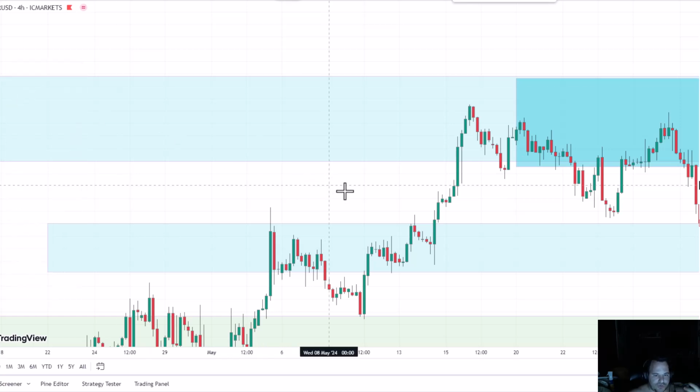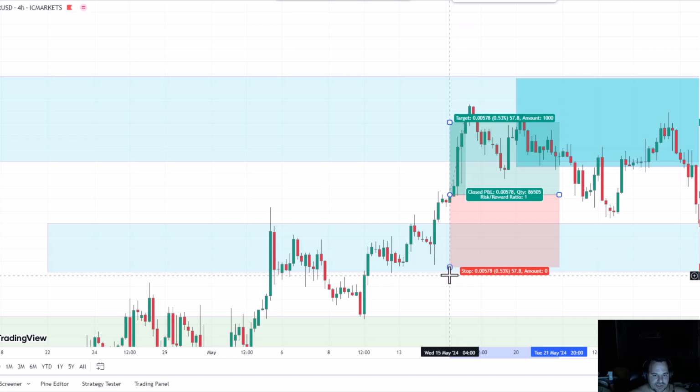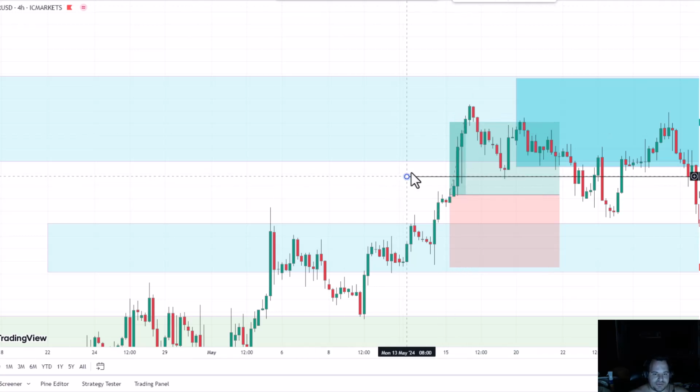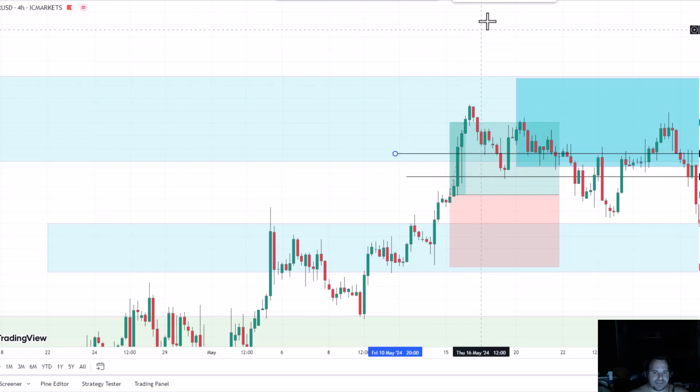Let's say long position, someone enters long. He says here enter long, right? And he puts maybe here TP1, maybe here TP2, maybe here TP3. This is an example, right?